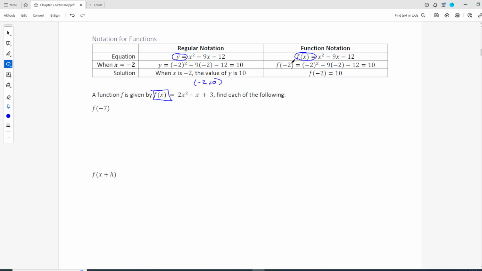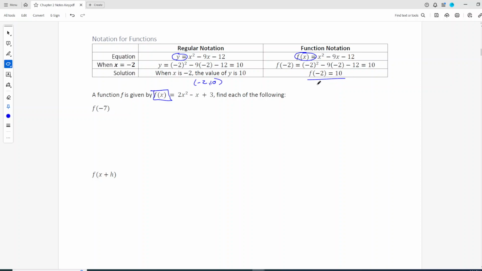And everywhere there's an x, you're going to replace it with a negative 2. Again, I get 10, but now I could display my answer like this. And I could read this as the value of my function at x is negative 2 is 10, which sounds like a really long sentence, right? Maybe it's better to say this, but it's quicker because nobody ever writes the sentence.